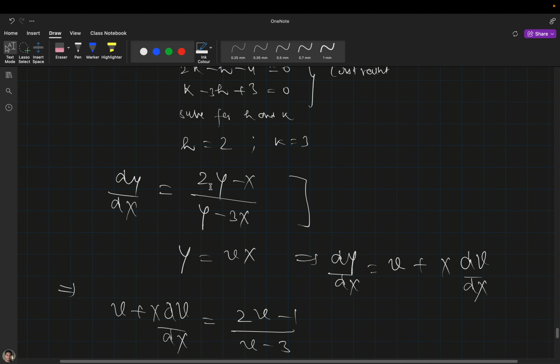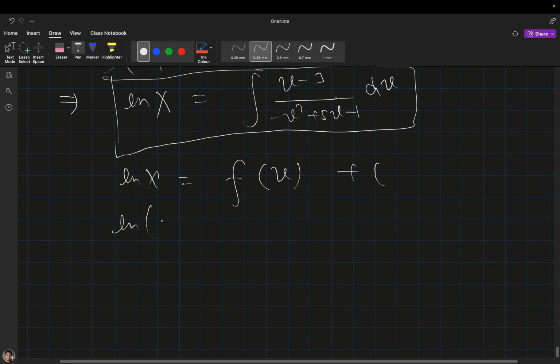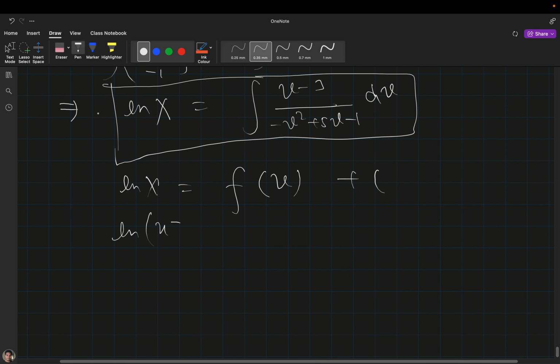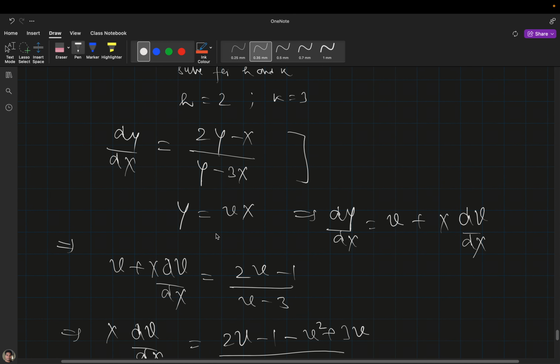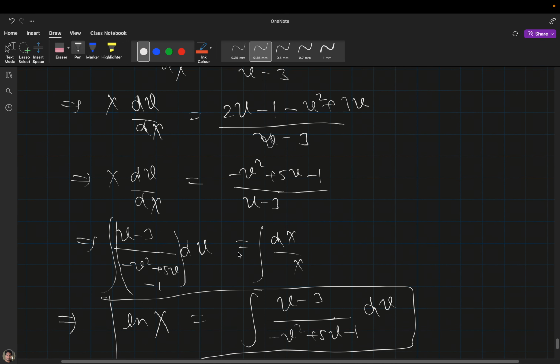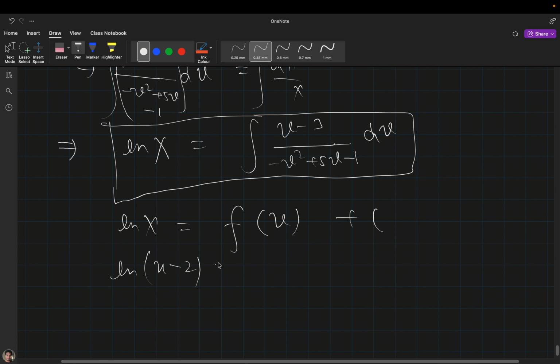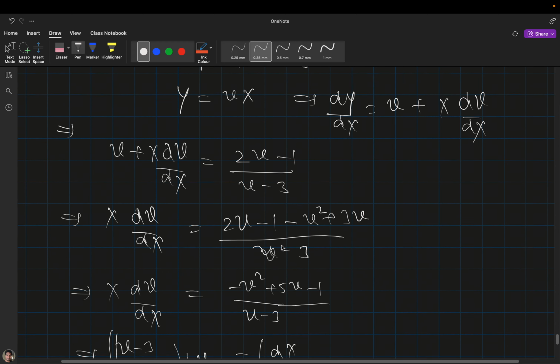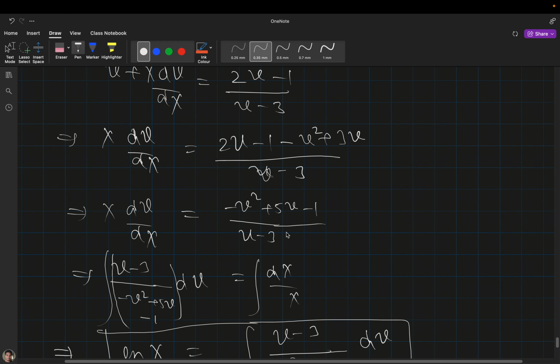At the place of capital X, you will write small x minus h. What is h? 2. And at the place of v, what will you write?